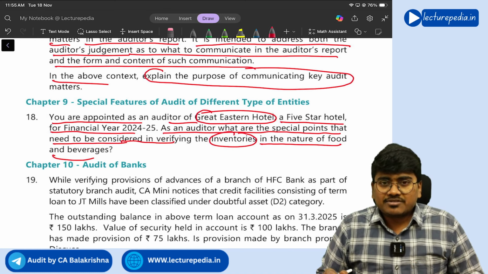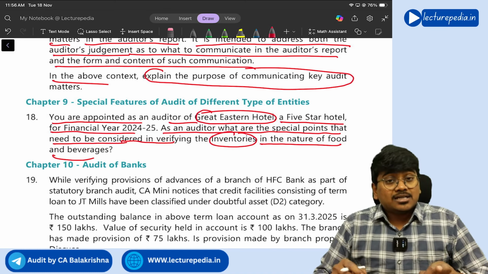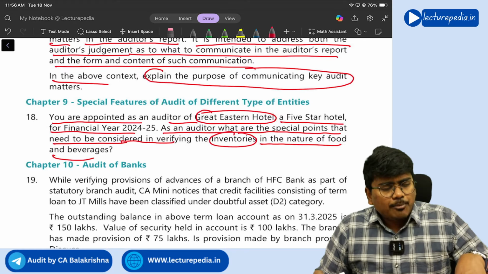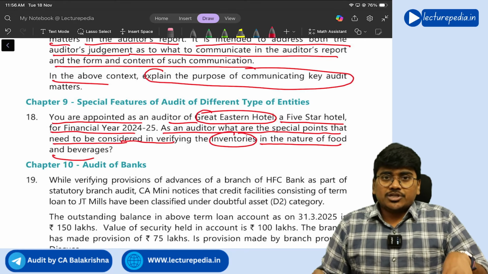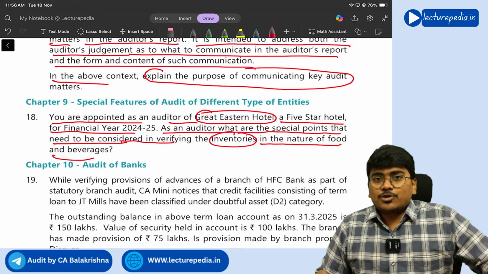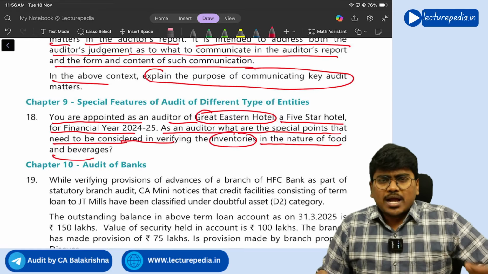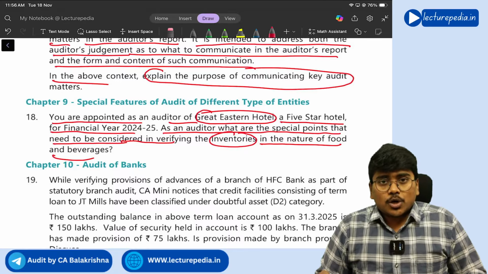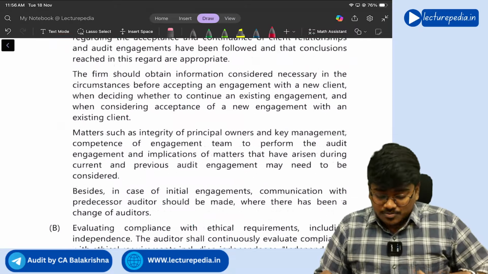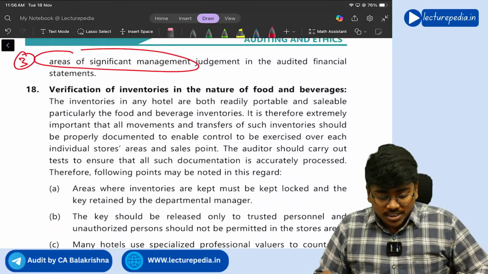None of them should be given access to the lock. And hotels, for valuation of inventories, they will appoint their own valuers. So if the auditor wants, he can depend on the valuation reports given by those valuers appointed by the hotel. Got it? So these things you need to write down with respect to protection of inventory.